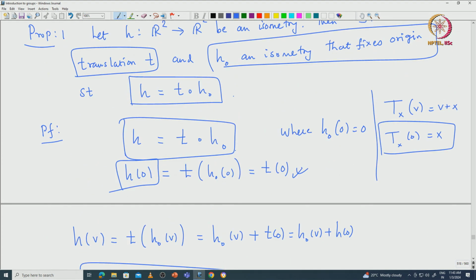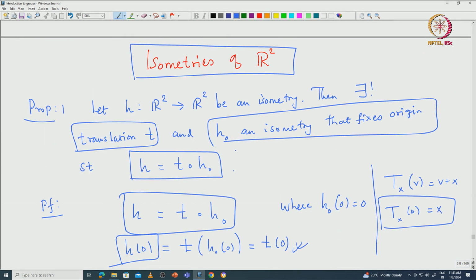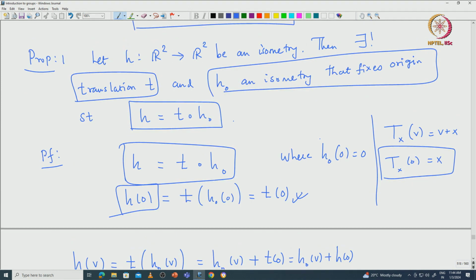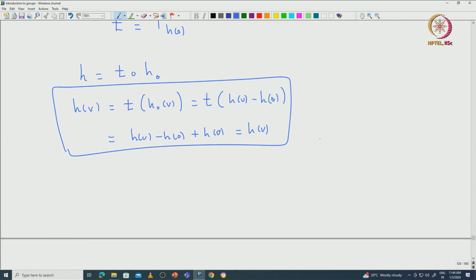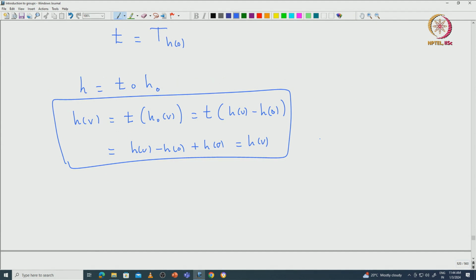So, later actually you will be studying something about semi-direct product. Then you will see that there are these two natural subgroups of the isometries of R2. Using those two subgroups you can obtain all the isometries of R2. So, maybe I will tell you about it at the end of these isometries of R2 lectures.